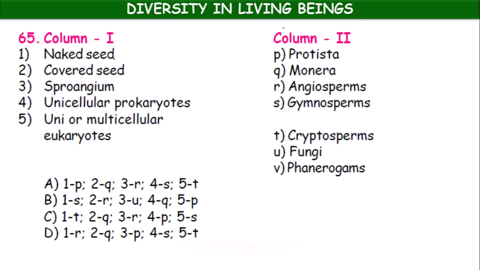Naked seeds in column 1, characteristic feature is given: naked seeds, covered seed, sporangium, unicellular prokaryotes, uni or multicellular eukaryotes. Okay, and in the column 2, the main group is given: Protista, Monera, angiosperms, gymnosperms, cryptogams, fungi, phanerogams.